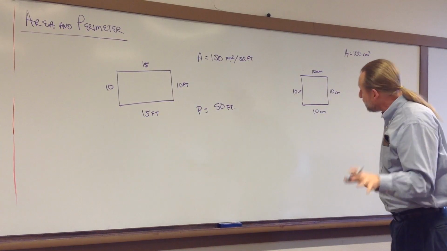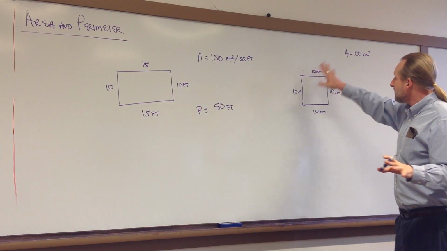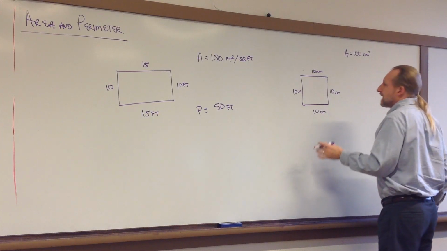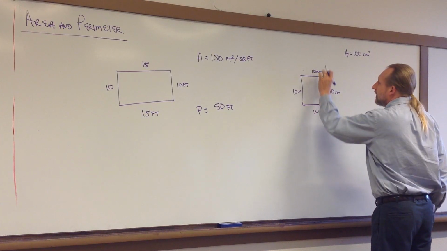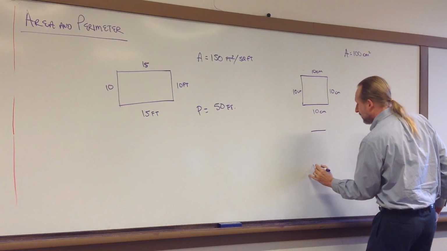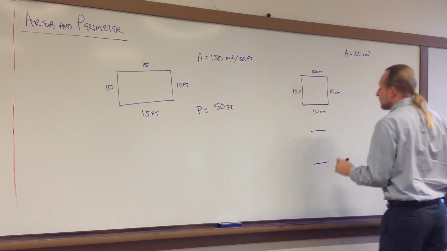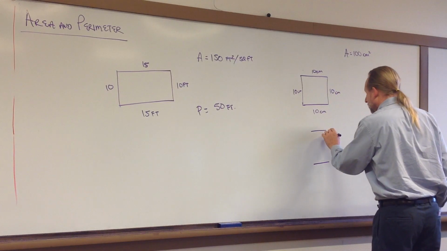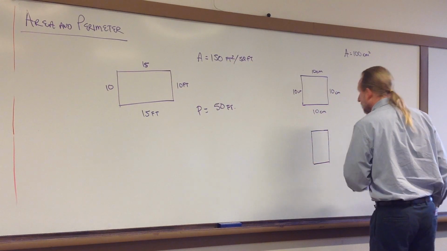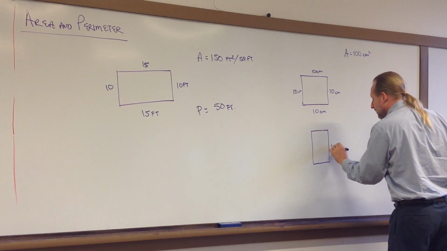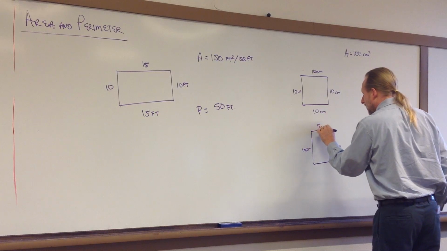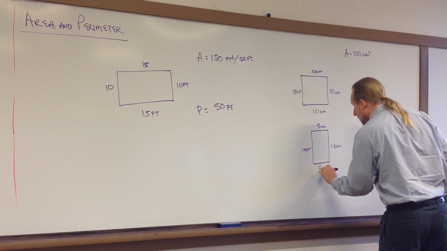Now, if we want to keep the perimeter the same but change the area, let's say we take 5 off of these 2 sides, so now they're just 5 centimeters long, and we add the 5 onto that width or length there. So these are now 15 and 15, and these are 5 and 5.